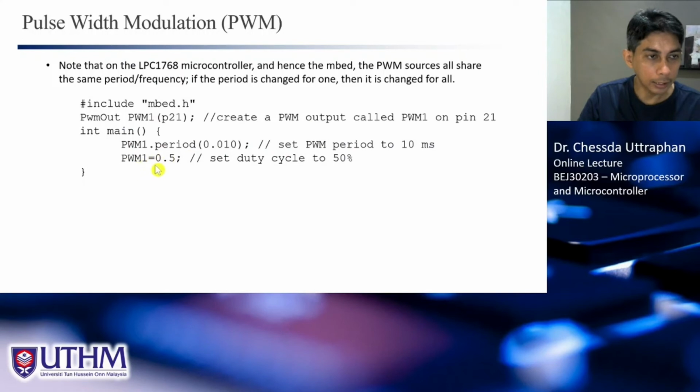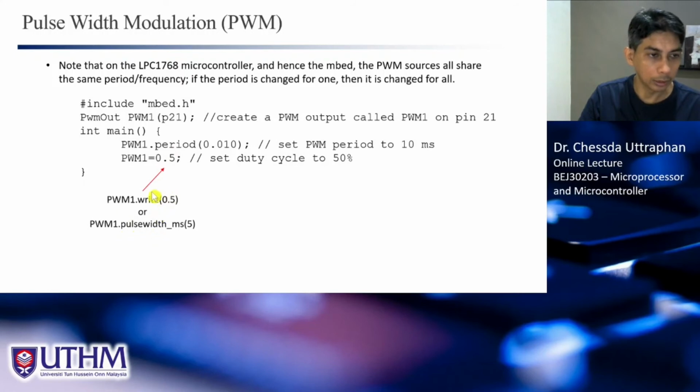And to set the duty cycle is very easy. For example, to set 50% duty cycle, PWM1 equals 0.5, meaning 50%. If you write 0.2, this is 20%. If you write 0.8, it means 80%. If you write 1, it means the duty cycle is 100%. 100% means that the signal is constant.